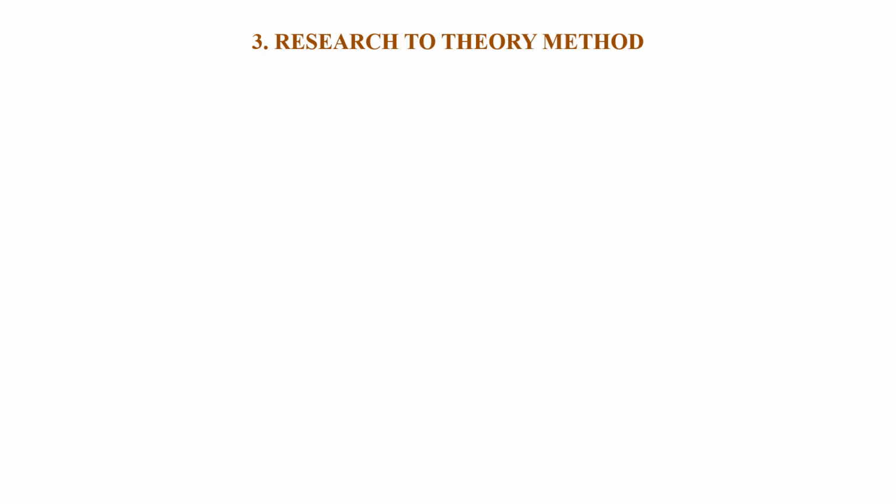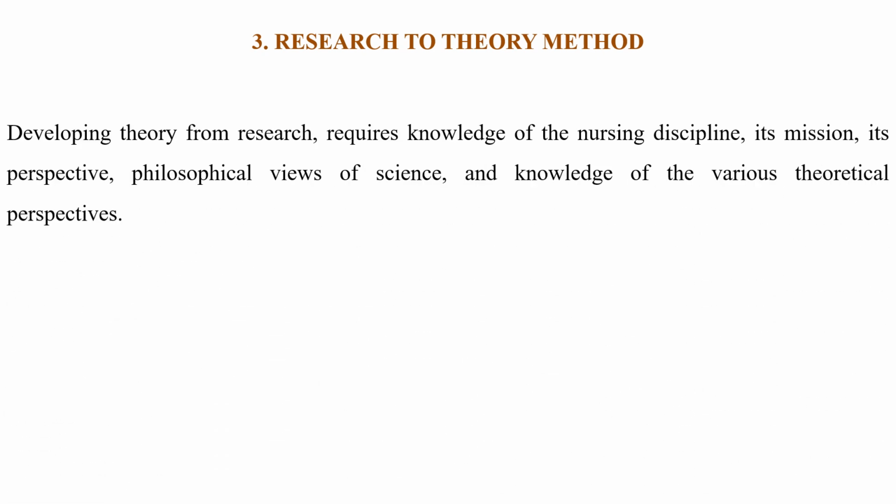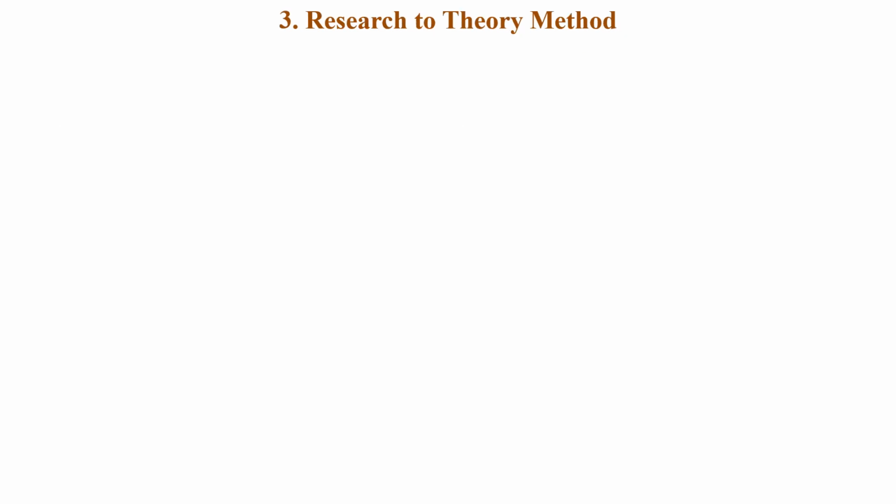Research to theory method. Developing theory from research requires knowledge of the nursing discipline, its mission, its perspective, philosophical view of science, and knowledge of various theoretical perspectives. So a thorough understanding of the knowledge of the discipline of nursing will help in the development of theory.